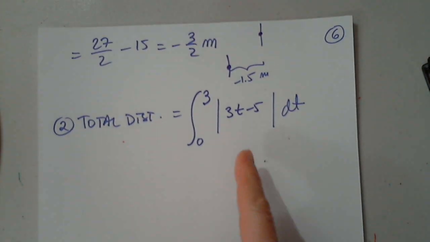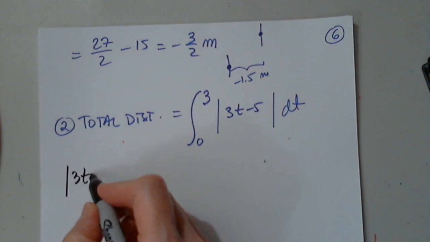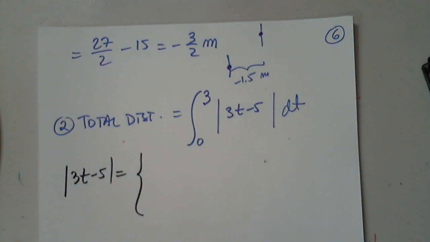Now, we have to work on the absolute value first. Can anyone remind us what this equals? By the formal definition of the absolute value, what are the options here?